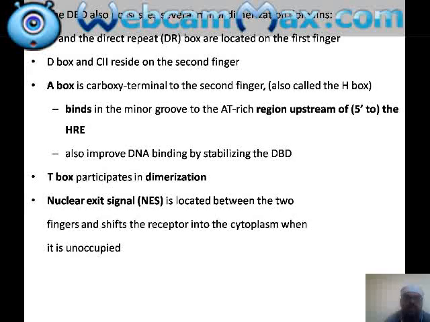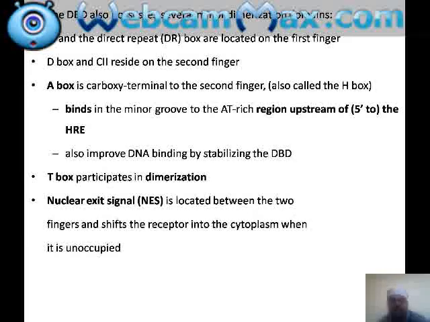So the A box here is responsible for stabilizing the DNA binding domain. Next is the T box, which is responsible for dimerization, and then we have the nuclear exit signal, which is located between the two fingers and shifts the receptors into the cytoplasm when it is unoccupied.